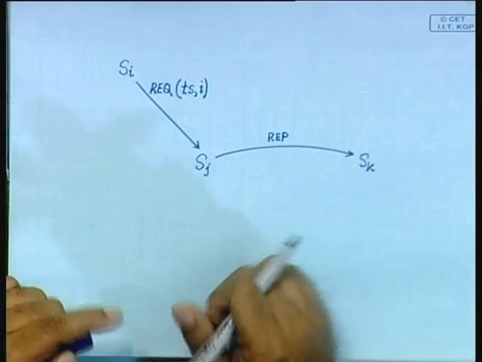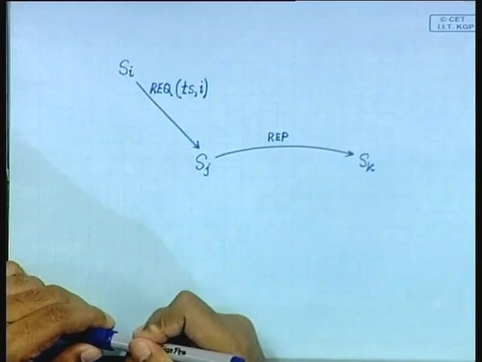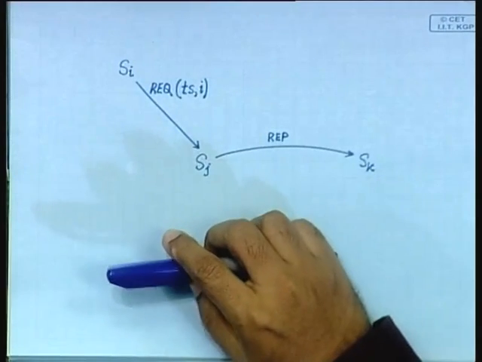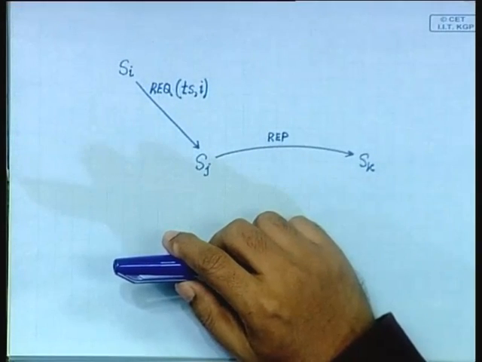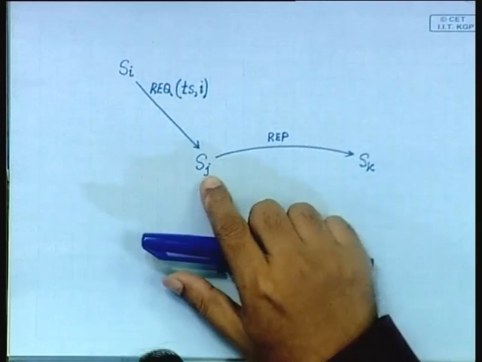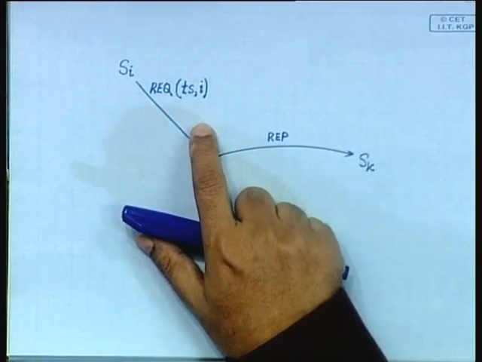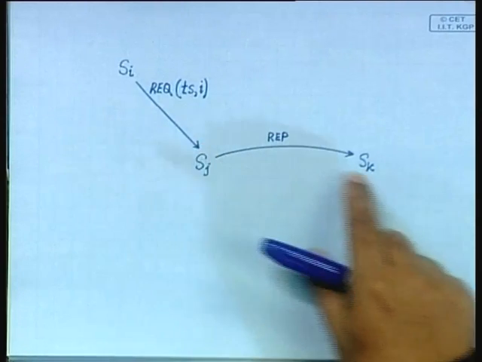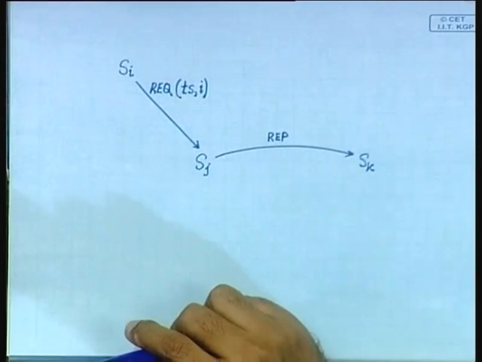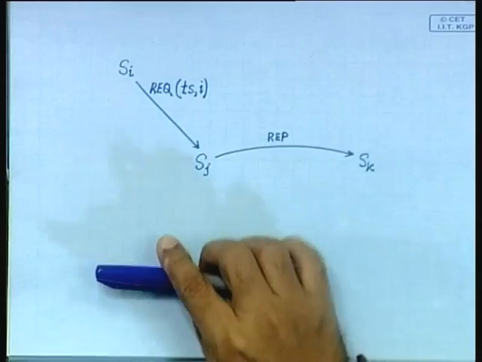Now, what will happen here is that Sj will compare the timestamp of this request with the request that Sk had sent. Okay.